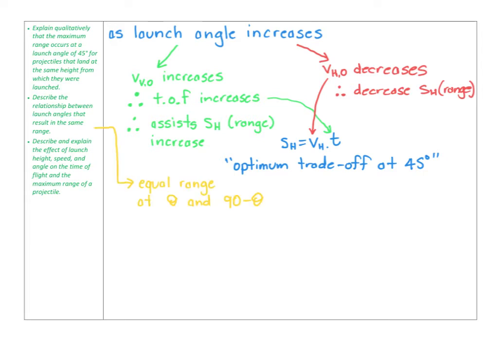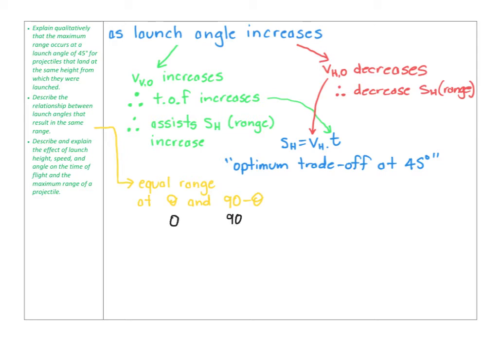Okay, with the next point, describe the relationship between the launch angles that result in the same range. Go and play with this one on the PhET simulation, but basically we get equal range at angles theta and 90 minus theta. What do I mean by that? If you haven't done a lot of maths, that might be a bit confusing. Basically, we get equal range at 0 and 90.